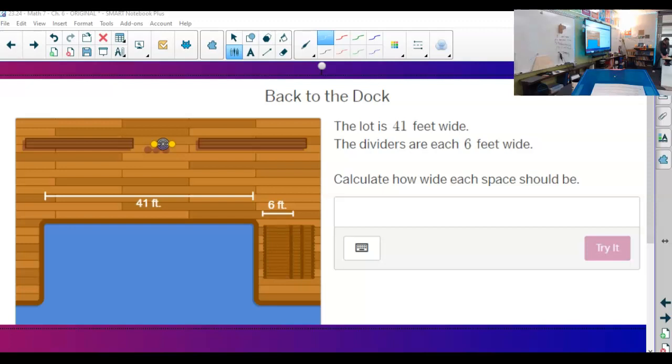So you're taking the whole width of the whole thing, subtracting the width of the divider times how many of them you have, and then dividing by how many spaces we need. It feels right to me. If it doesn't feel right, I want to know why you think it doesn't feel right. Let me try it. Where does it go wrong?